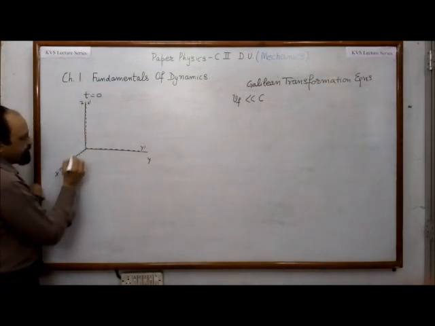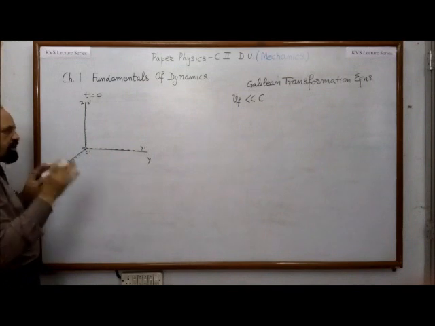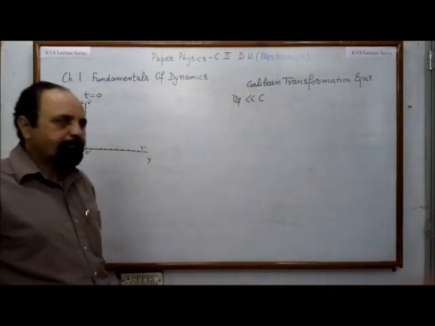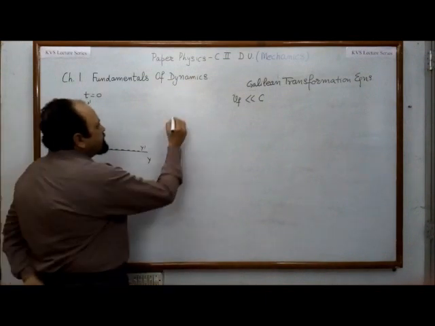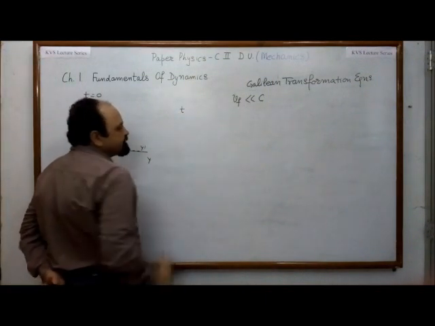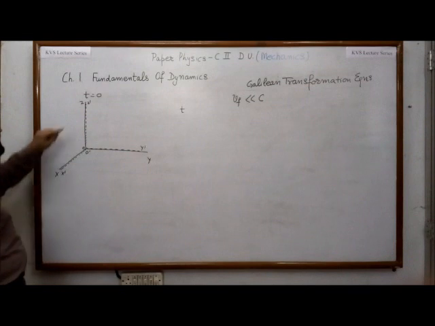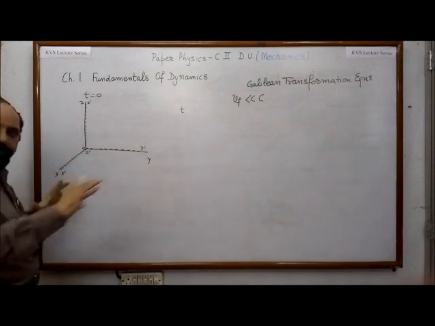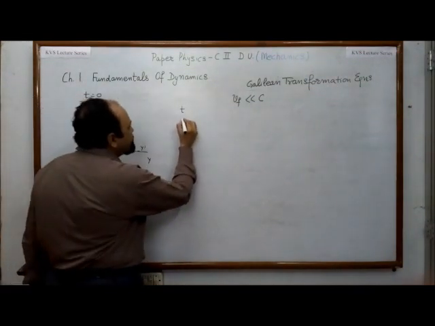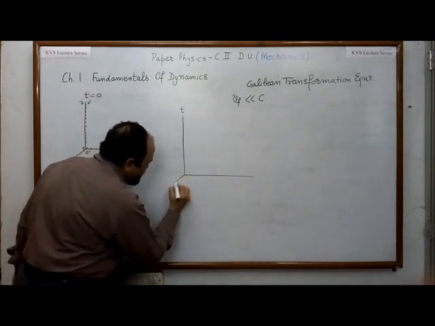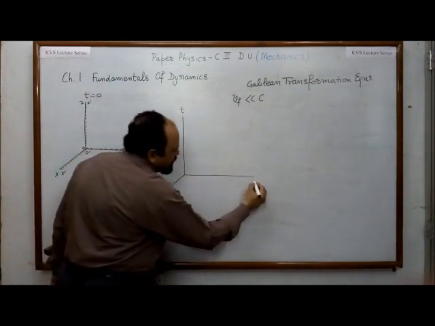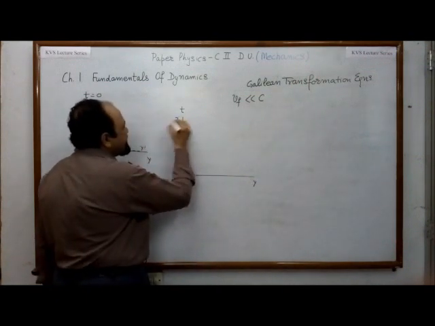That means O and O dash are both coinciding with each other. Then at time t, because the S dash frame is in motion, they separate out, and now I have this geometry: x, y, z.